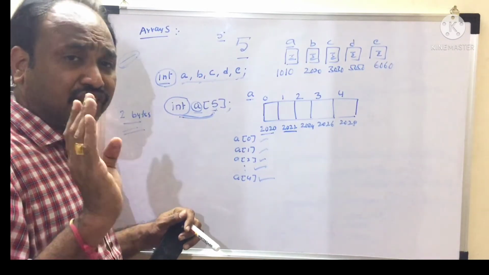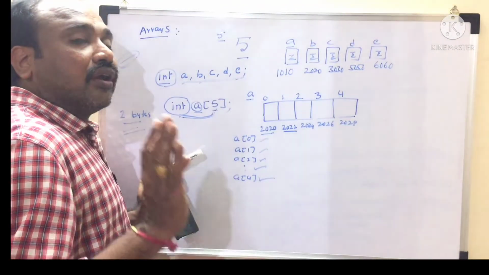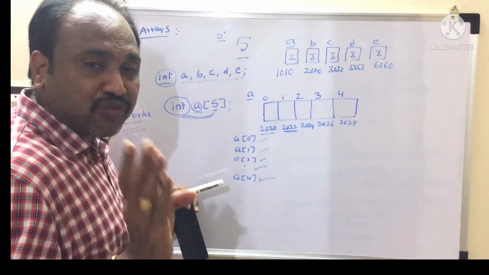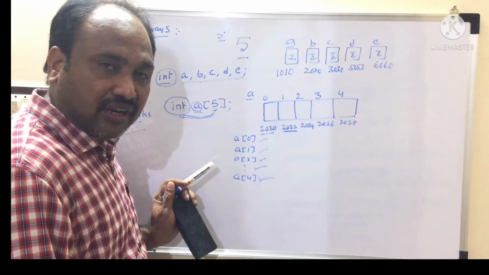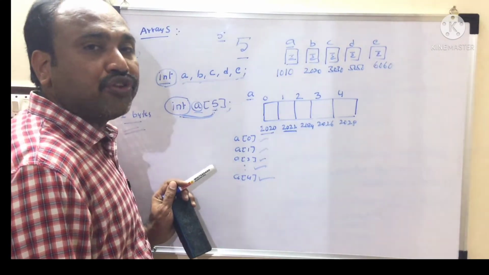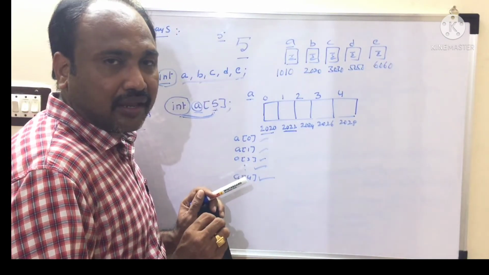What is the definition of array? Collection of homogeneous values. Homogeneous values means same type values stored under a single name is called what? Array. Collection of homogeneous values stored under the single name is called an array.